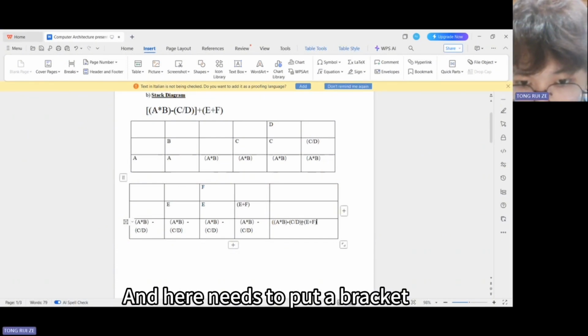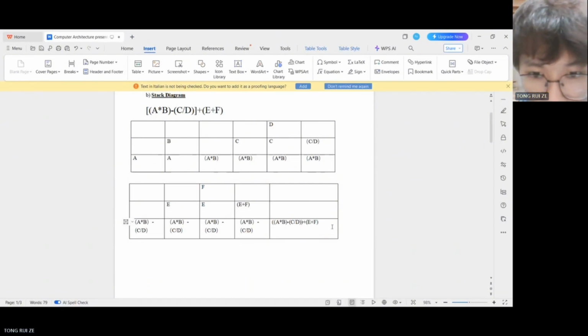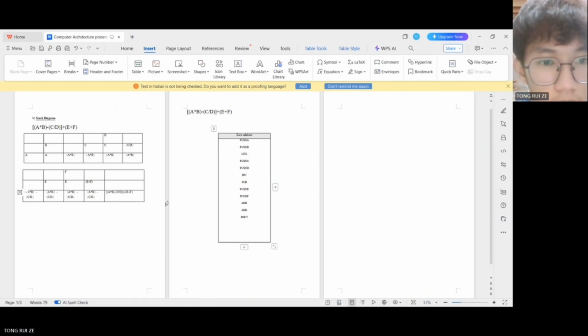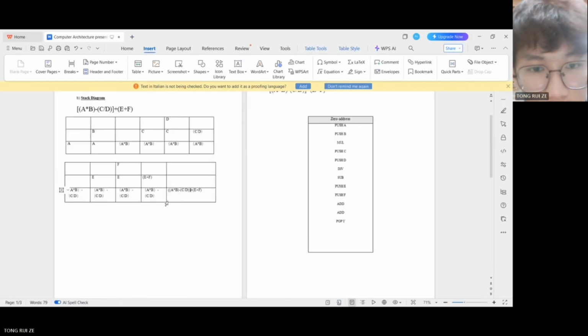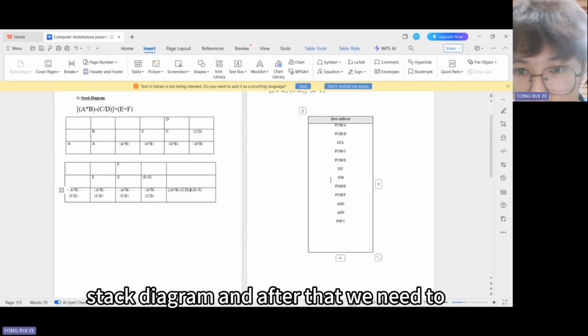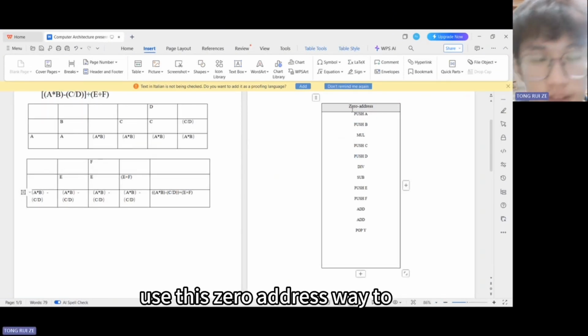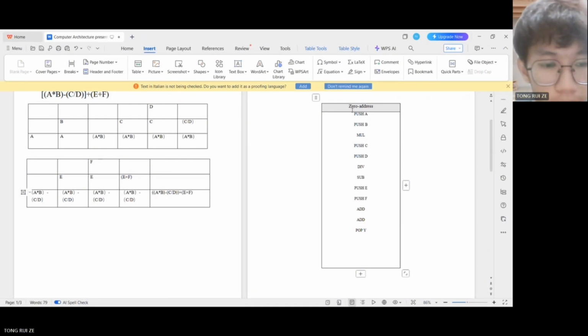And this needs to put a bracket. This is the part of the stack diagram.